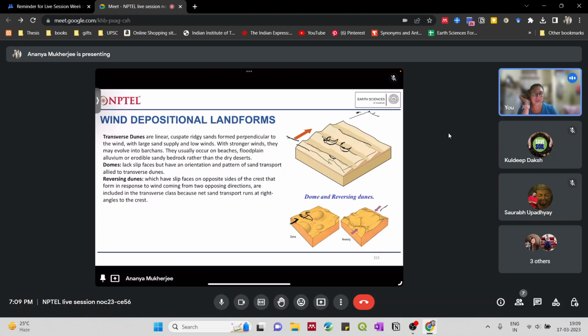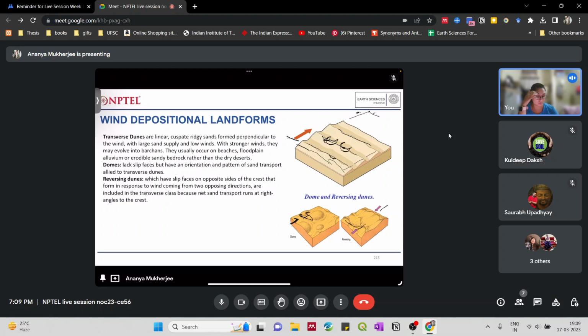This is in response to wind coming from two opposing directions, but they will be classified as transverse dunes because again the sand supply is going to be at right angles to the crest.